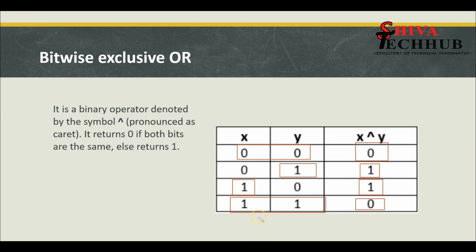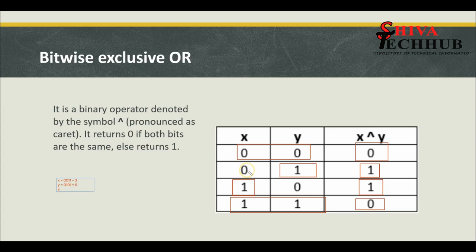So that is the difference between bitwise inclusive OR and exclusive OR. In inclusive OR, this part was 1. In exclusive OR, this is 0, since there is a condition that only one of the two bits should be 1. So that is the difference. Let me write it down. The same thing, x equal to 0011, which is equivalent to 3, y equal to 0101, which is equivalent to 5.